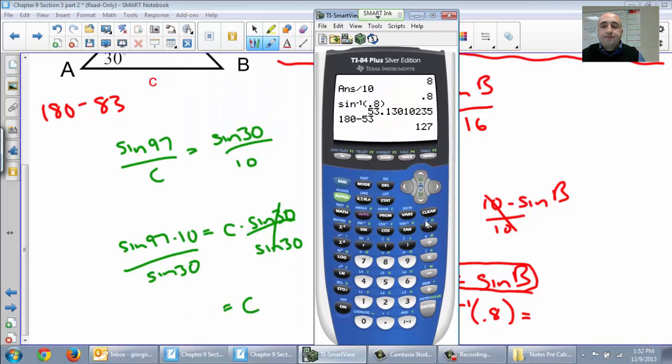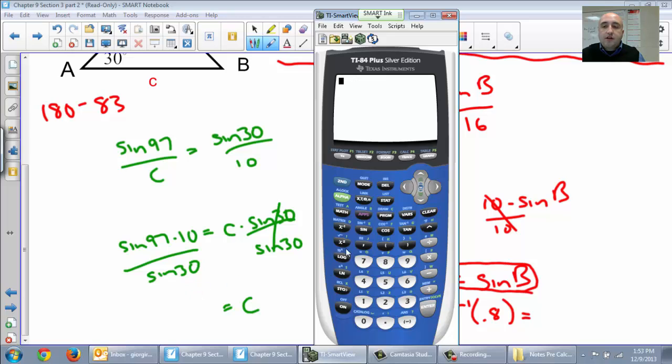Let's go do this on our calculator. Sine of 97, close your parentheses, times 10. Enter, divide by sine of 30. Enter, oops, go back. I didn't hit the divide sign again. Divide by sine of 30. And I get a mistake. Let's start again.